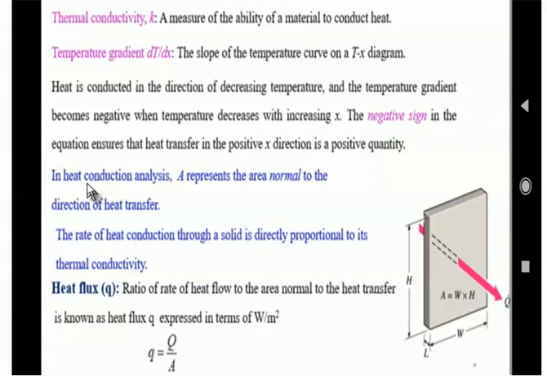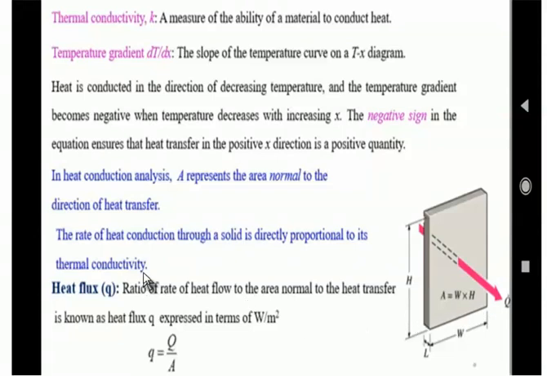In heat conduction analysis, A represents the area normal to the direction of heat transfer. Here A is equal to W into H, height into width. So this gives us the area normal to the direction of heat flow.